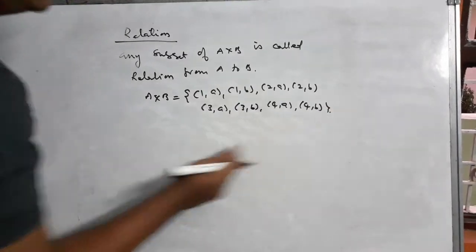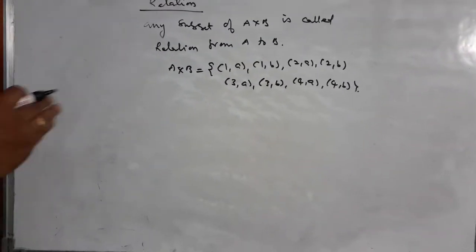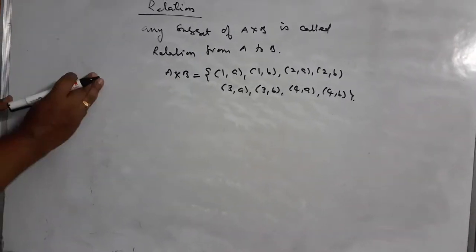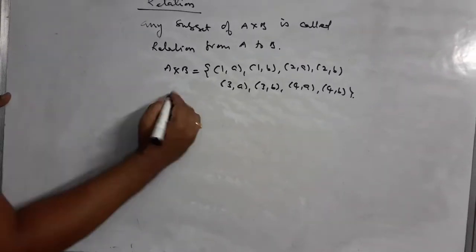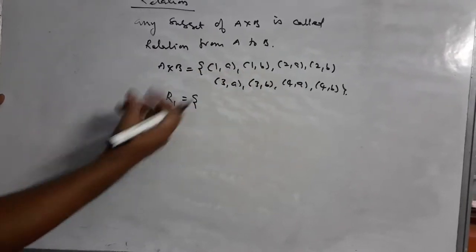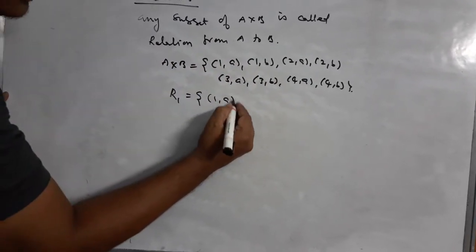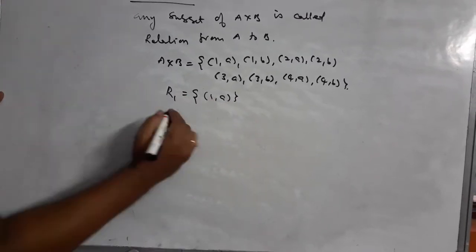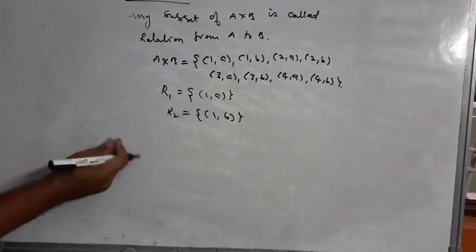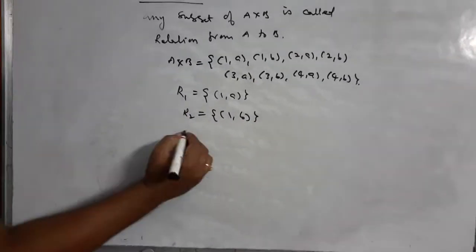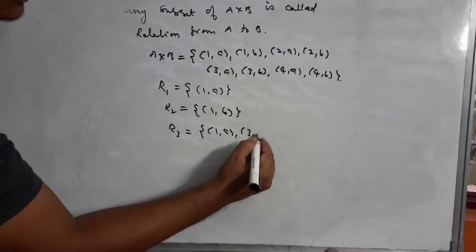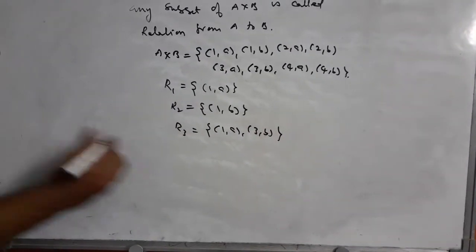So it is the previous example, A cross B. Now if you take any subset of A cross B, it is known as a relation. Now I am taking R1. Choose any one. So {(1, a)} is a relation from A to B. R2: now {(1, b)} is one relation from A to B. R3: {(1, a), (3, b)} is a relation from A to B.